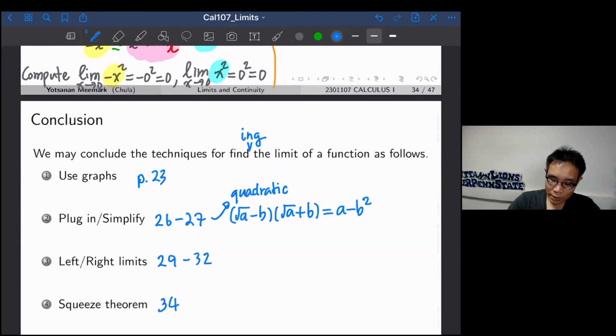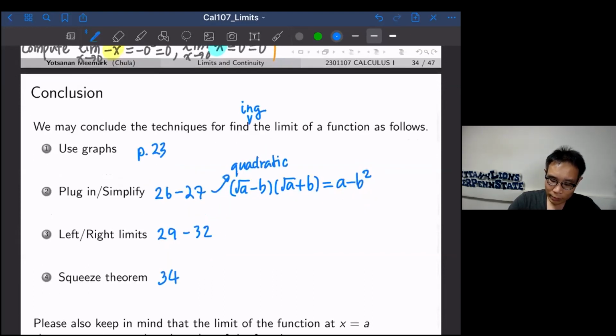And for left right limit, there are 2 cases in which you will use this one: when you see absolute value and when you see a piecewise function.